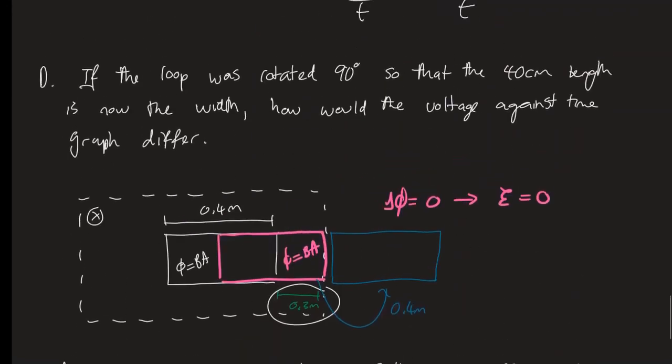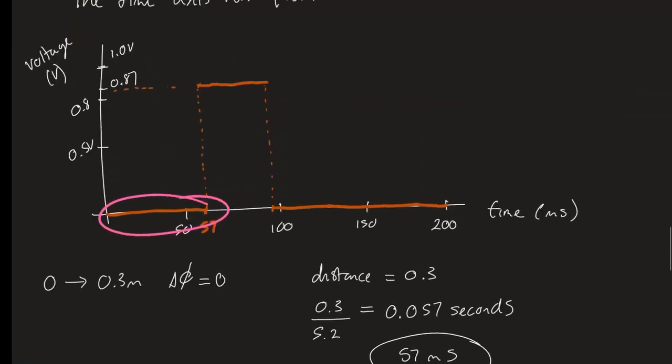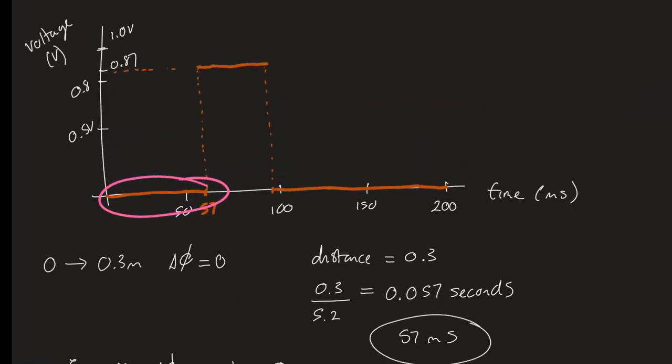So the graph would change, and we would get half the voltage induced. So it would go up to 0.437 instead of 0.87, and that would travel across like that. But because it's got to go twice the distance, it's going to last for twice as long.